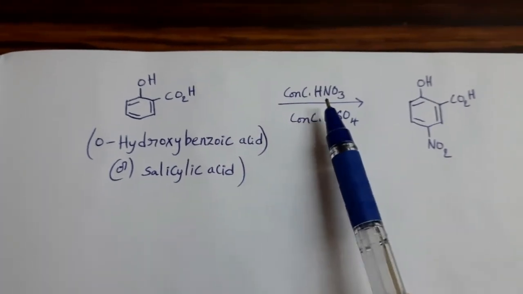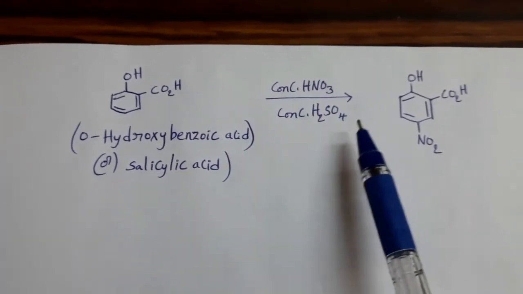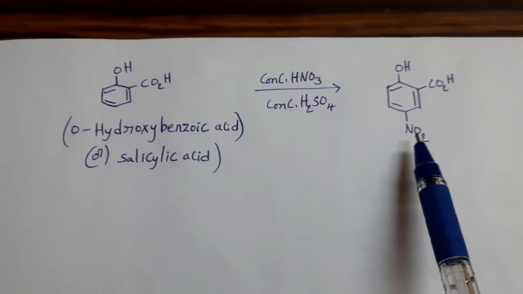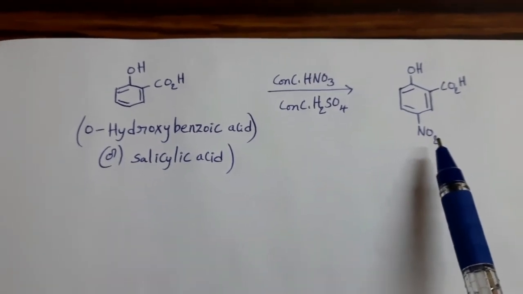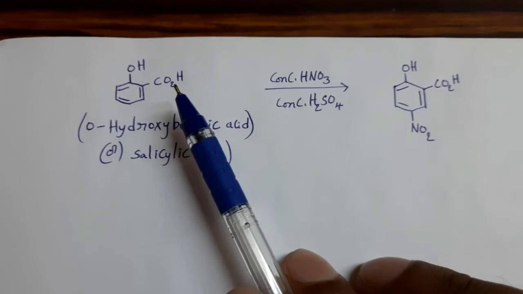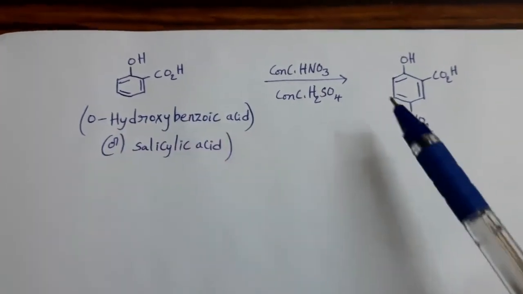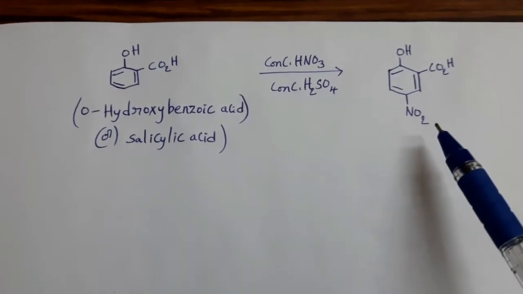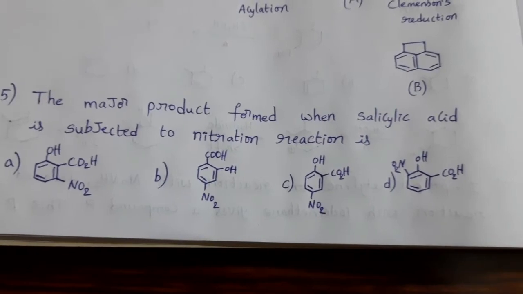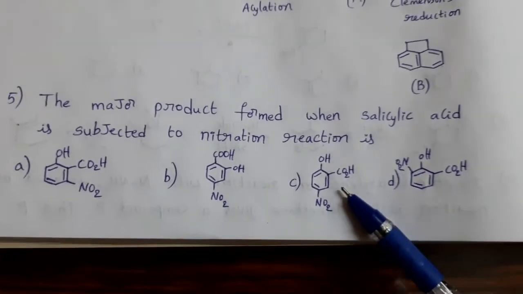With nitration mixture, concentrated HNO3 and concentrated H2SO4, we can get electrophile NO2 group substitution. So COOH is the dominating group between these two. So the incoming electrophile is substituted at the meta position. So this is the product. So what is the option? Option C is the answer.